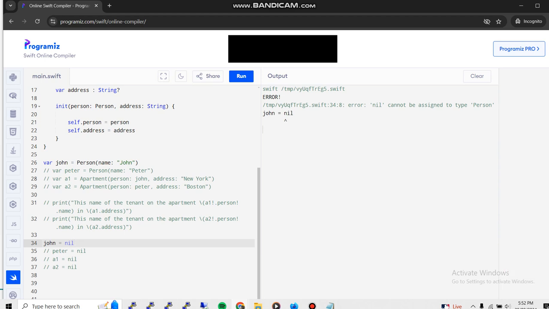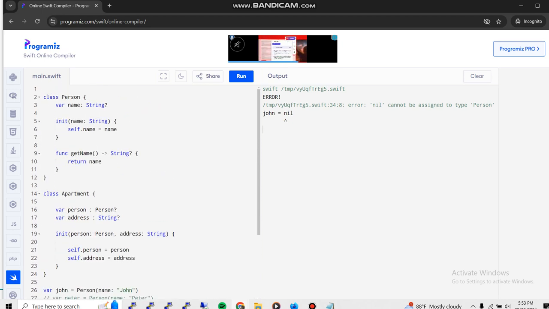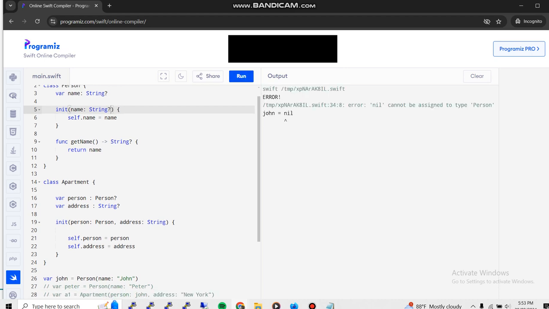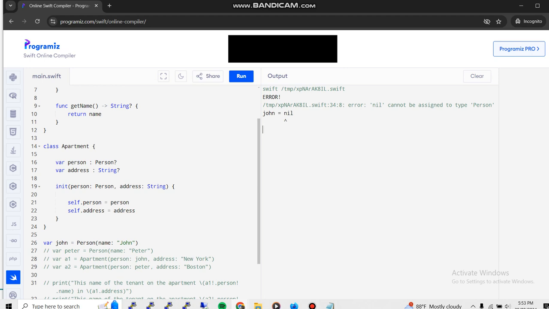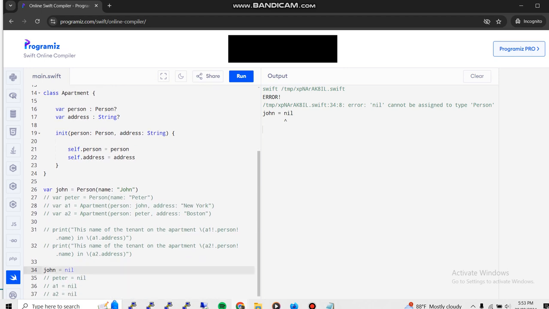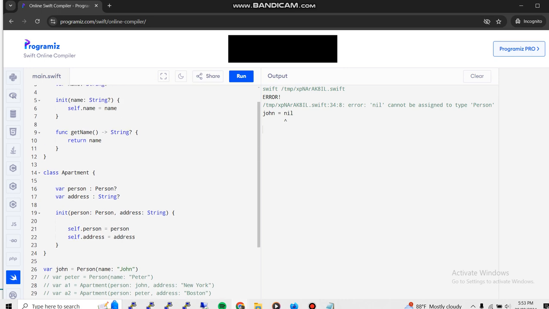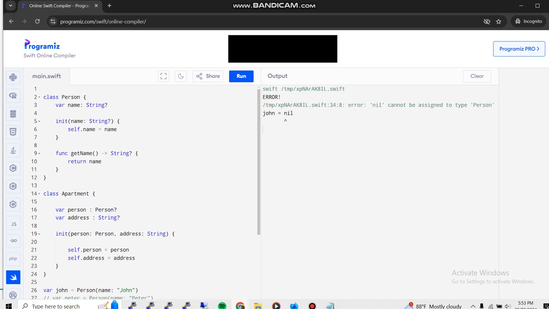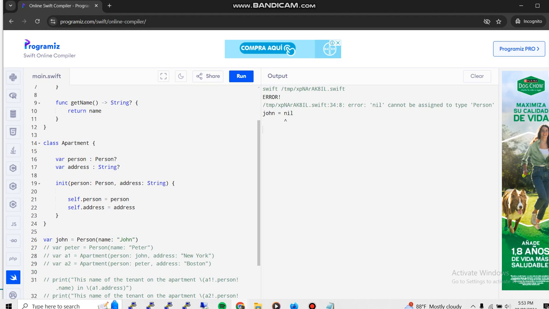So nils cannot be assigned to a type like a person, right? And says like, person, put that value and instantiate. I think that is not the point here. It just says nil person. Of course we are using it.